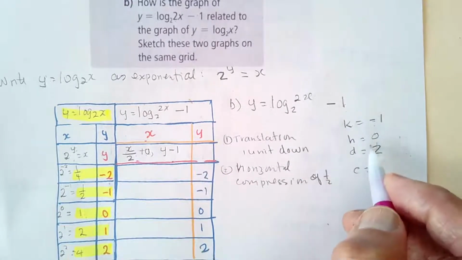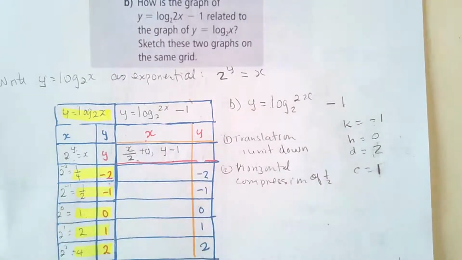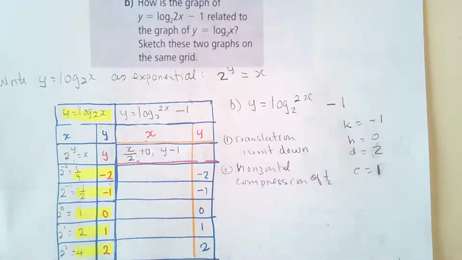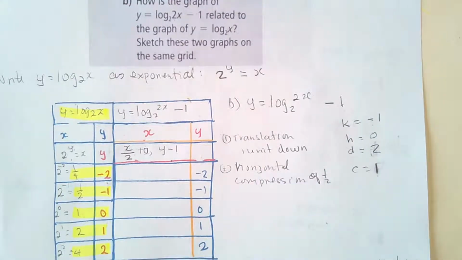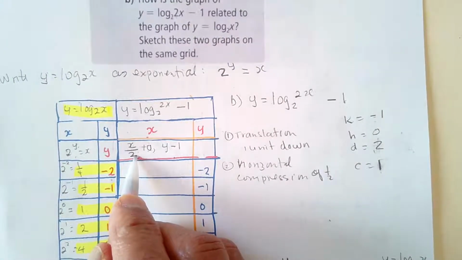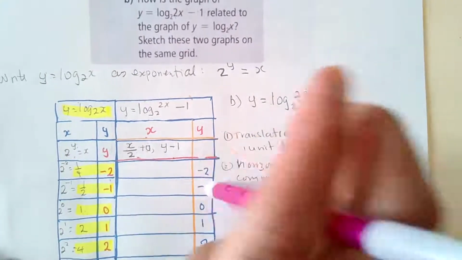There's no translation, which is h. It's going to be cy plus k. There's no change in the c. So now we have x over 2 for our x value, and your y, we can actually put it over here.